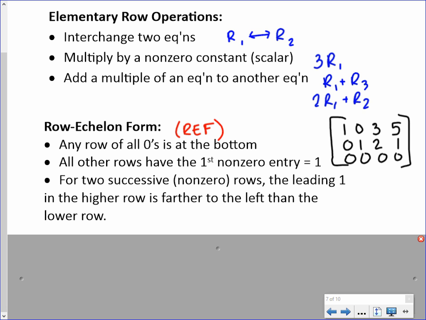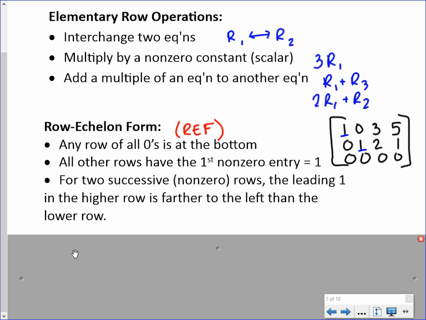That to me fits all the qualifications of row echelon form. If I have a row of zeros, it's at the bottom of the matrix. Check. And most likely you probably won't have a row full of zeros, but if it's there, it should be at the bottom. Okay. All of the other rows have their first non-zero entry as 1. So this is what I would refer to as my leading 1. And then they could be followed by other numbers, that's fine.